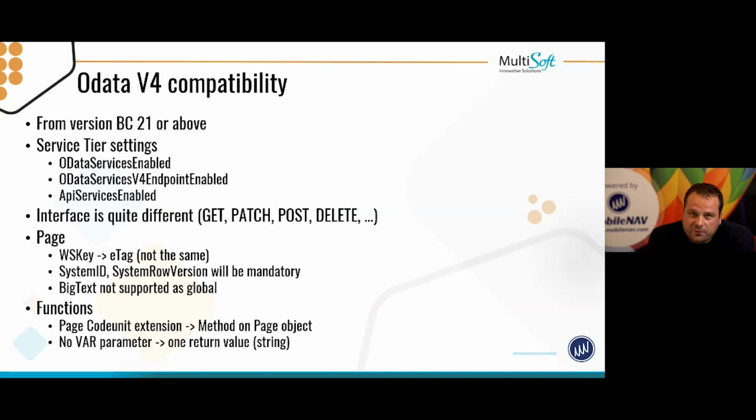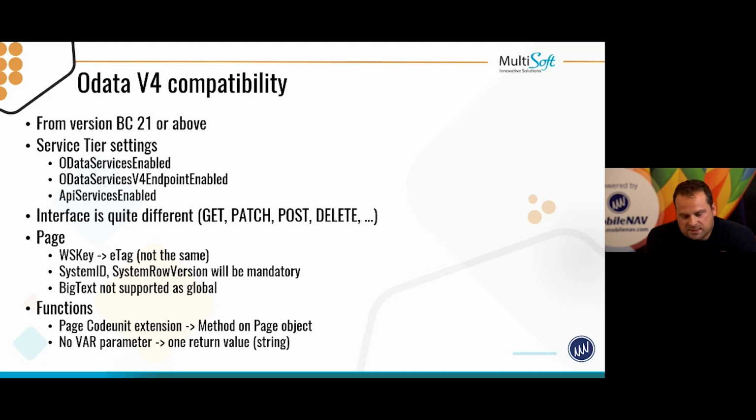On the service tier, of course, you must have a couple of settings in order to enable the OData protocol. But I think this is already known by partners or customers. So the OData service enabled, the OData services v4 endpoint enabled, and the API services enabled should be checked. If you check these and restart your service, then OData will work on your instance.